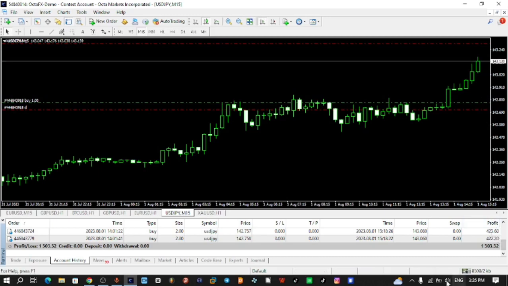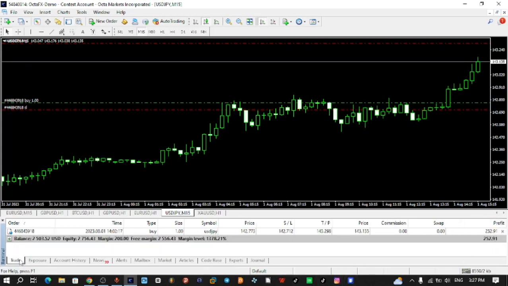So I took my money and got out early. These both are around 840 USD, and here it is still running, so I'm not going to touch this one.